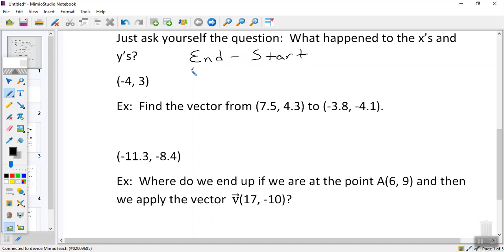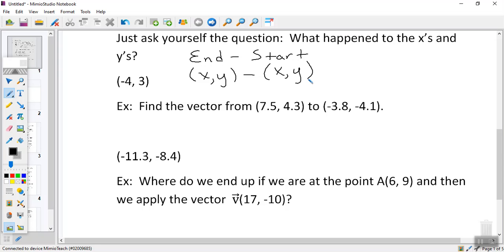So we take that end point in terms of x comma y and subtract our start point in terms of x comma y, right? And that's how they talk about vectors. They talk about the horizontal change of the vector. Well, guys, this negative 4 means the vector goes 4 to the left and then up how much? 3. That's all it really talks about.